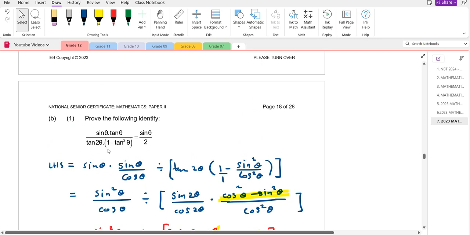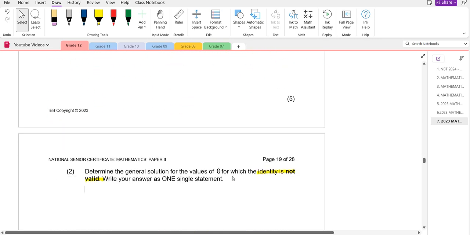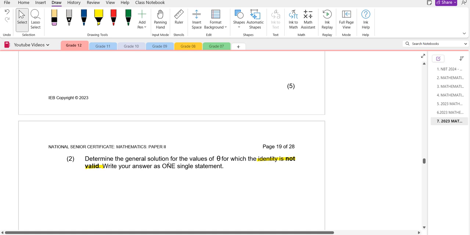Let's try with the first one. How many answers do they want there? For the values of theta for which the identity is not valid, write your answer as one single statement. So I think they just want one answer, or no, we have to work it out for both.